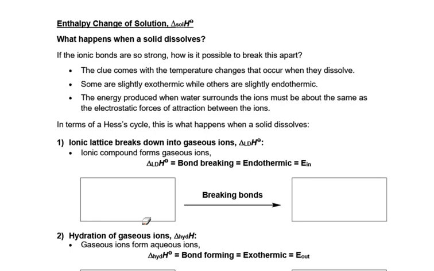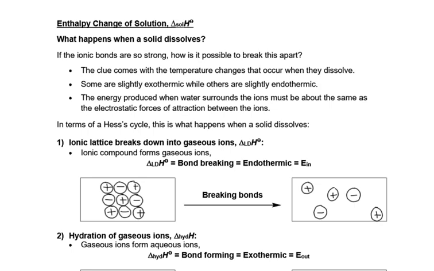The first thing that happens when we put an ionic solid in water is that the ionic lattice breaks apart. Remember our diagrams from earlier in the course, the ionic lattice is the alternating positive and negative ions. Those ions break apart, and they become free to move, completely free of each other, no attractions, gaseous ions.